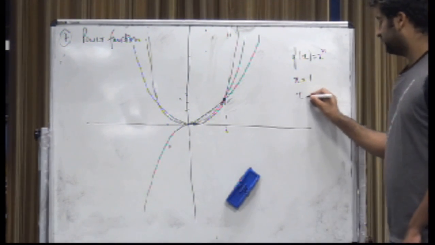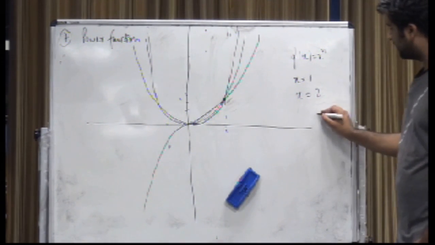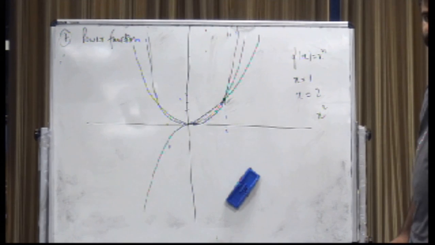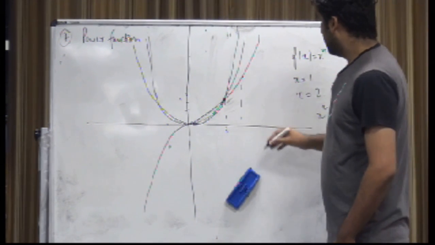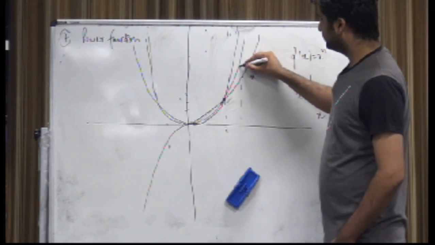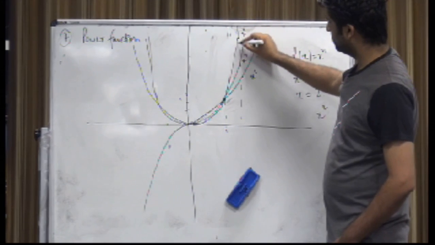But the difference arises when you put values greater than 1. Let's suppose you're putting the value 2. For x square, you will get this value. For x cube, you will get this value. And for x to the power 4, you will get this value.